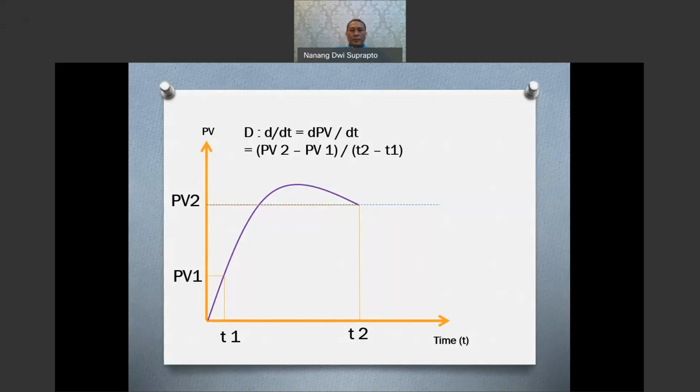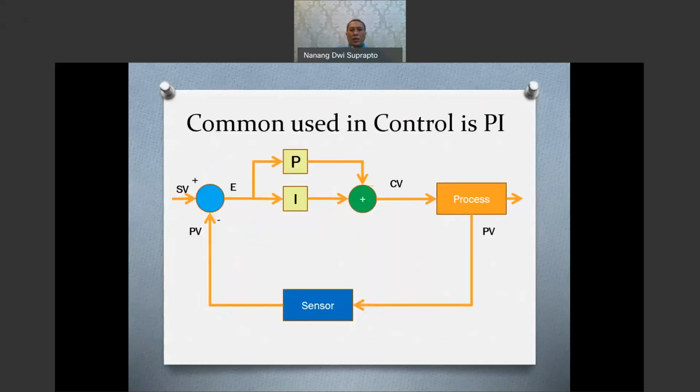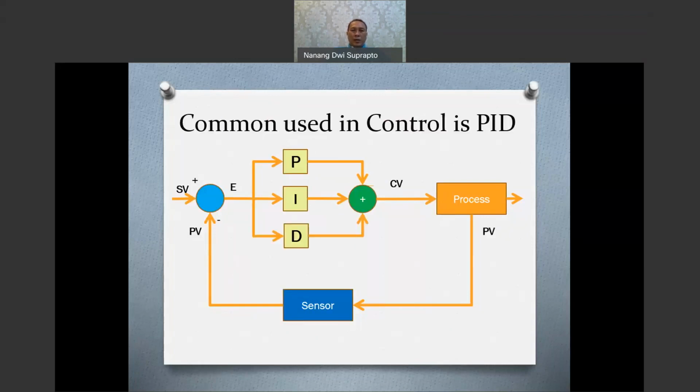Common use in control is proportional and integral. This is quite common use in the control system in industry. The other one, common use in control is PID, which is proportional, integral, and derivative.